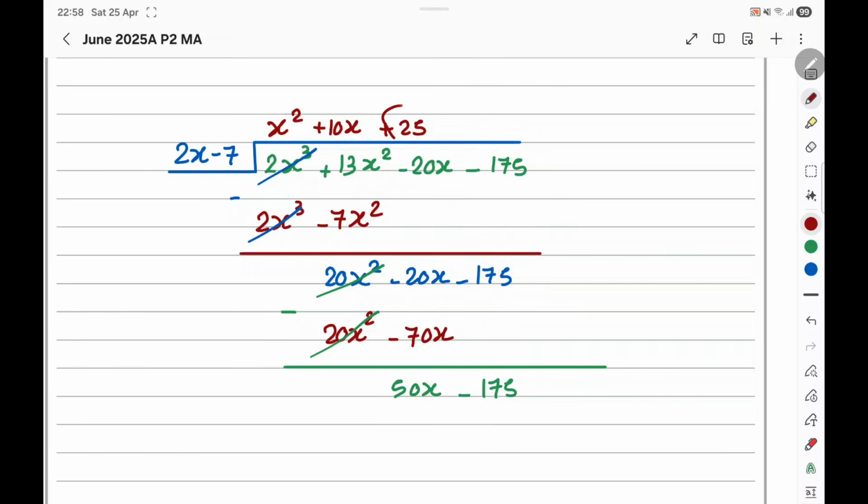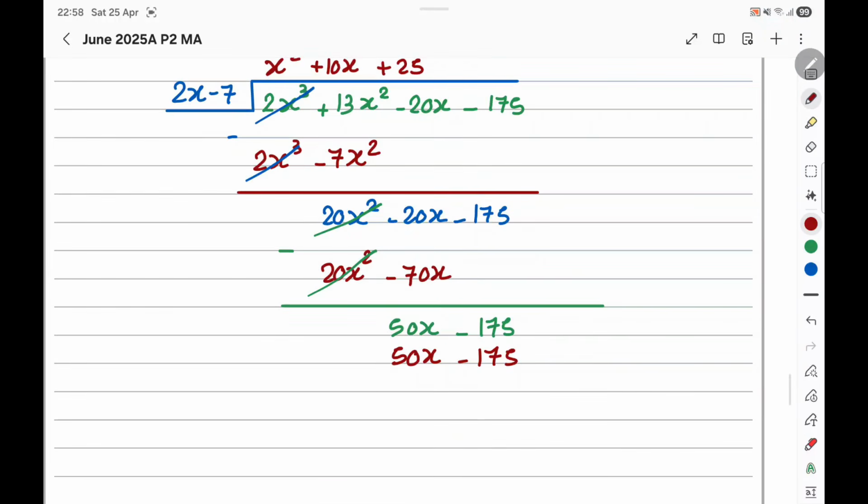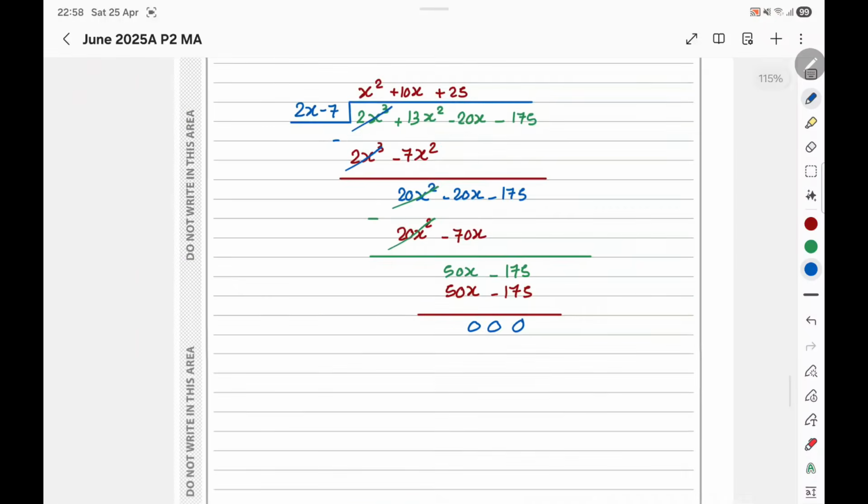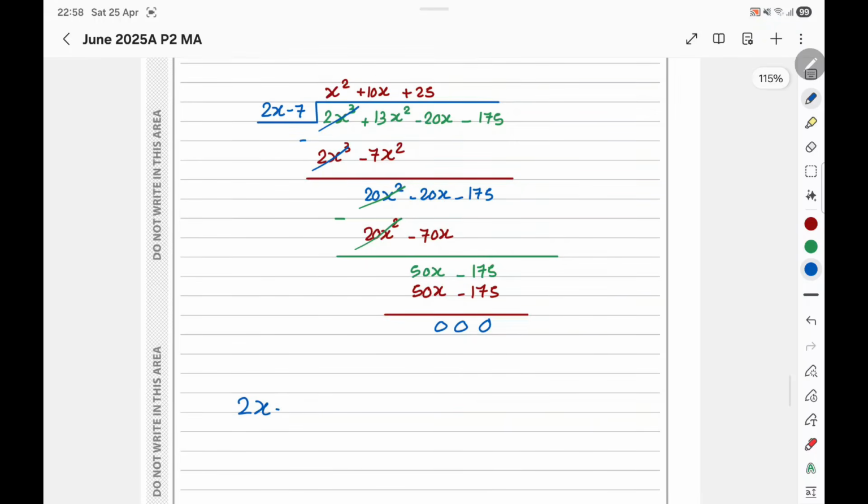If you want to multiply to make sure that the remainder is 0, it will definitely be 0. 25 times 2x is 50x. 25 times negative 7 is negative 175, and the remainder is definitely 0, because we are dividing by a factor from the beginning. Now the function is 2x minus 7 times the quotient, which is x squared plus 10x plus 25.